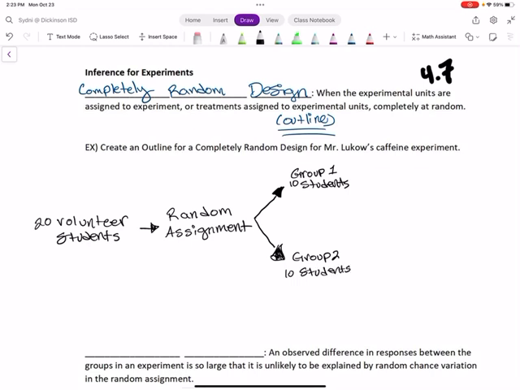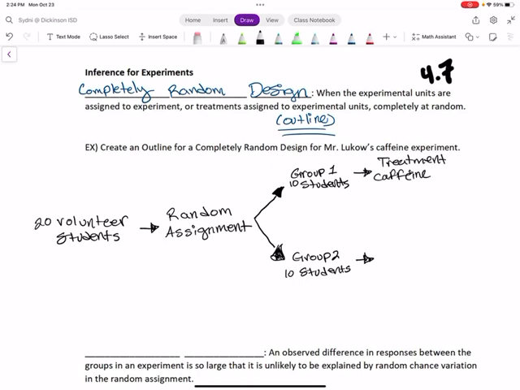Okay. From there, after the groups are assigned, 2 things are going to happen at the same time. If they're in group 1, they're going to get the treatment, which in this case would likely be caffeine, so probably coffee.